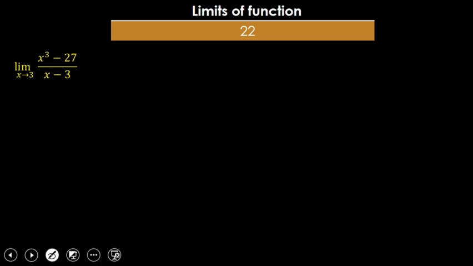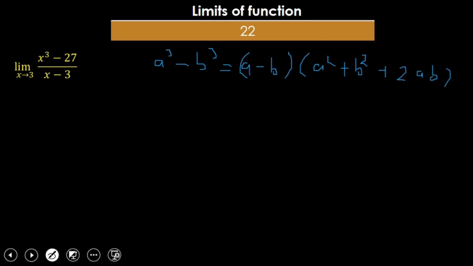Use a different color. A cube minus b cube is equal to a minus b times a square plus b square plus 2ab. That's from algebra.